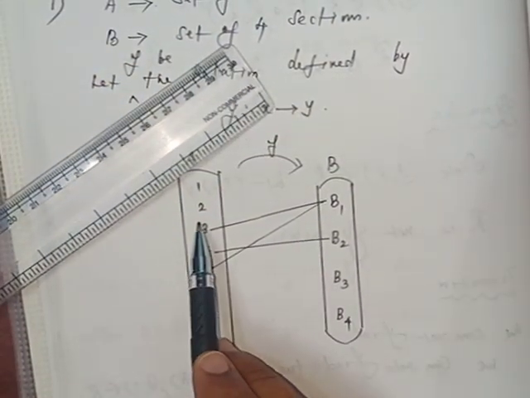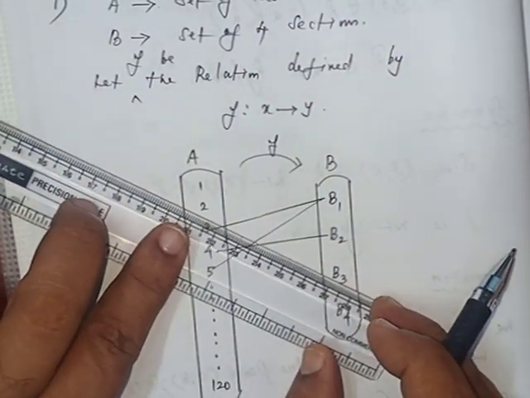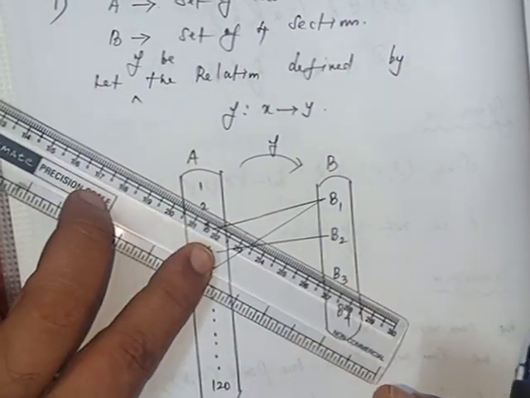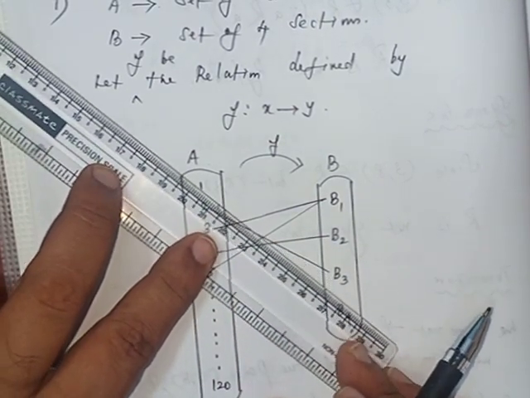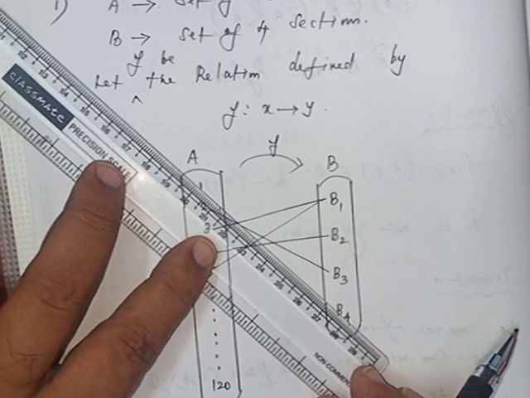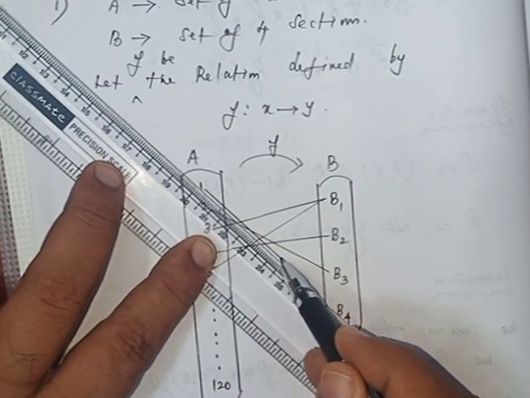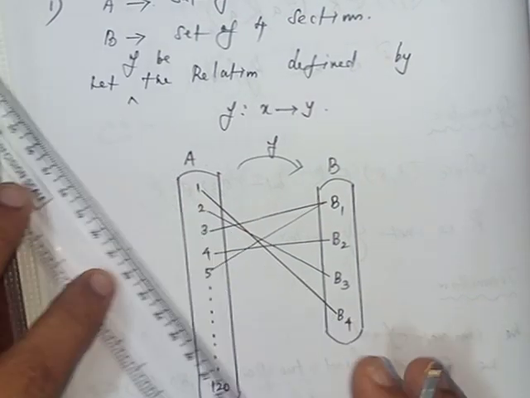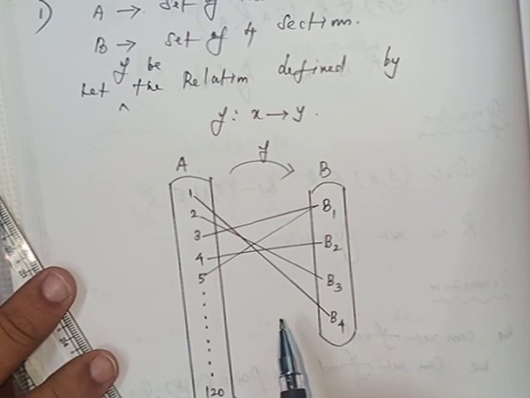Then I consider the second boy in B3, and the first boy in B4. It's an example only. It is also possible, isn't it?